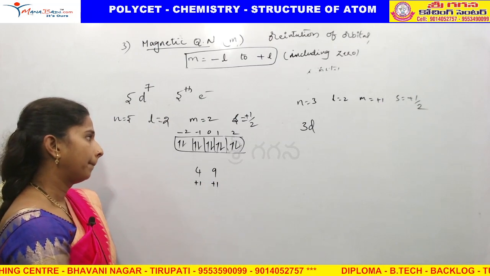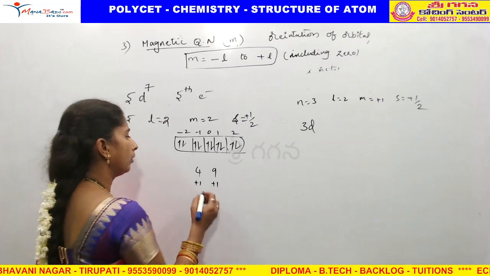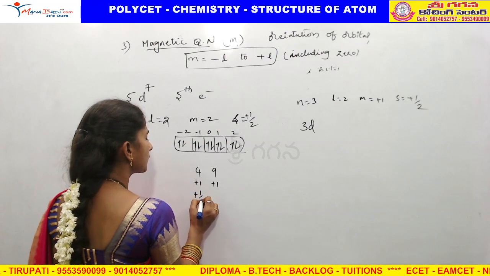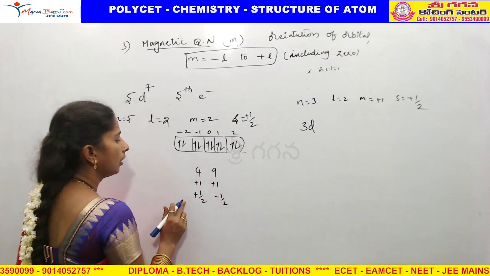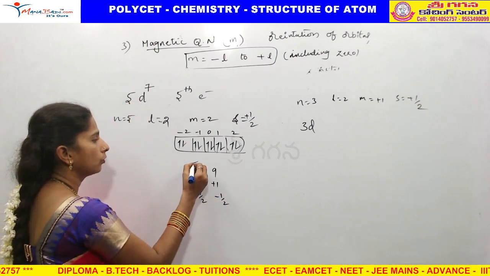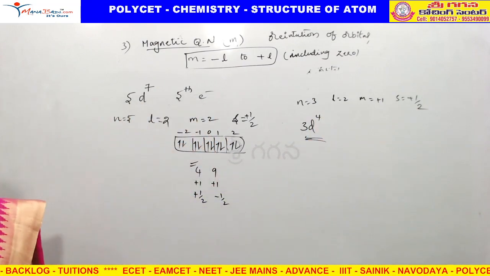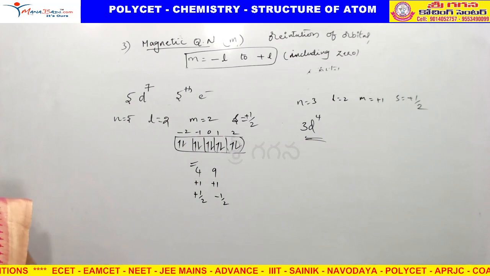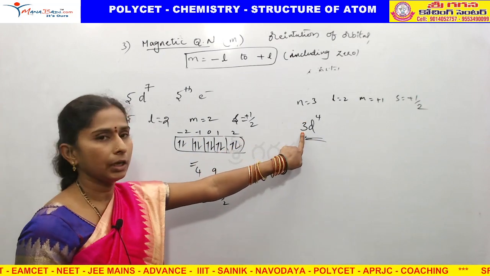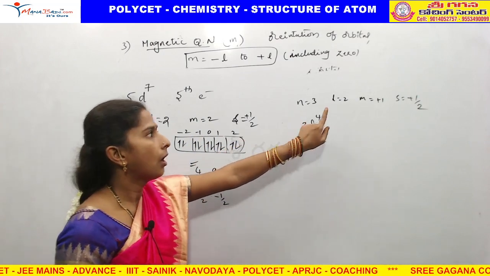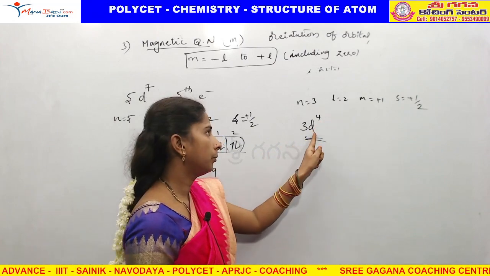Based on spin, you can find out. For spin, this is plus half, this is minus half. Now, which electron? Fourth electron. So, 3d4. I hope you understand. Based on n value, we have written 3. After that, L value, D orbital.